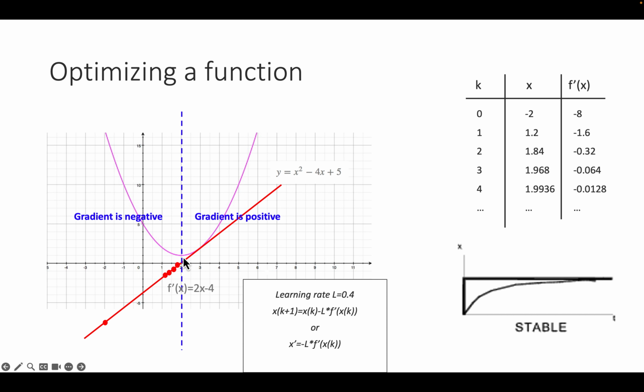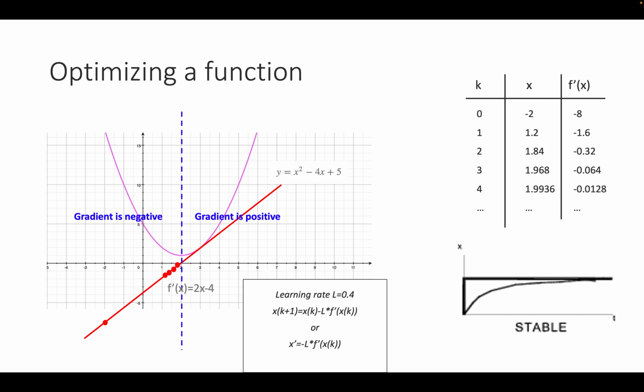And the idea was I pick some random point somewhere, and then I use the gradient of this function to drive toward the minimum. For this, I came up with this expression here, where my next guess for my optimum is given by my previous guess minus the derivative at that position of the previous guess times what we call a learning rate or a gain.